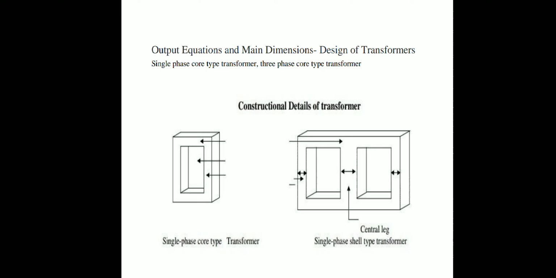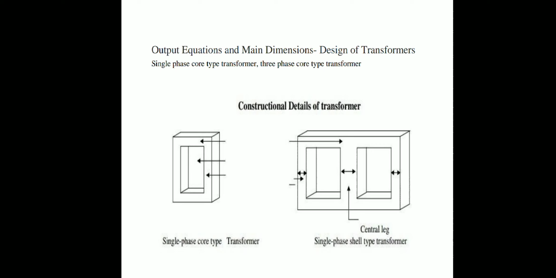The first diagram you can see is the single phase core type transformer. The arrowhead gives you the position of windings. The windings will be done on this vertical limb. Now come to the second figure.